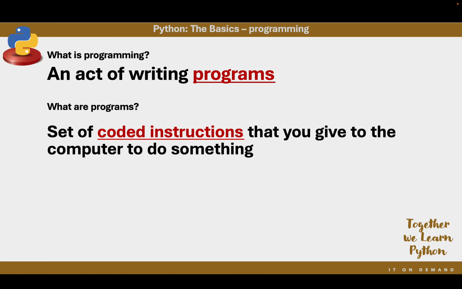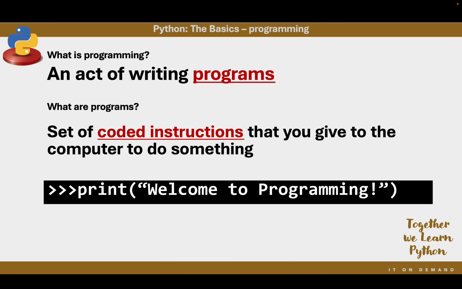You think of that set of coded instructions that you give to the computer. And of course, you've heard of this word coding. This is a buzzword that flies around like anything. I want to learn coding. I want to learn how to code. Do you code? So these coded instructions are what the computer gets.